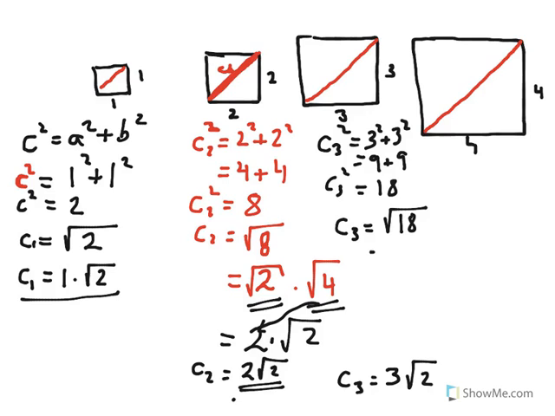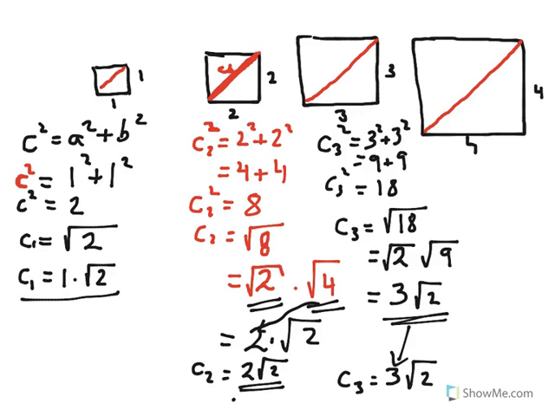The square root of 18 can be written as the square root of 2 times the square root of 9. The square root of 9 I know is 3, so it can be written as 3 times the square root of 2. That was what I was expecting it to be.